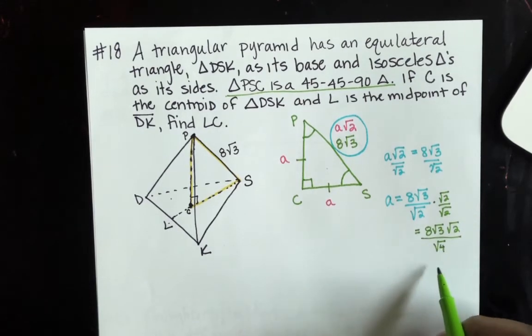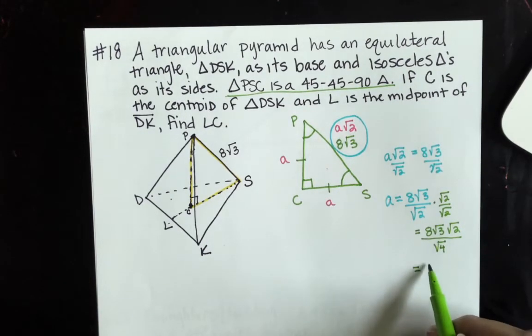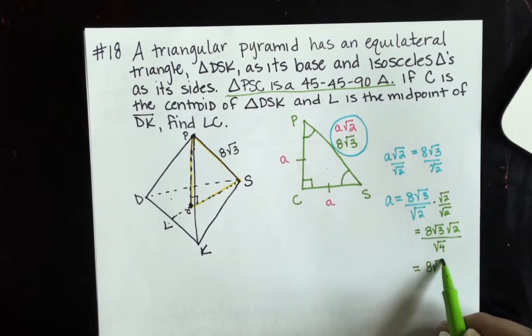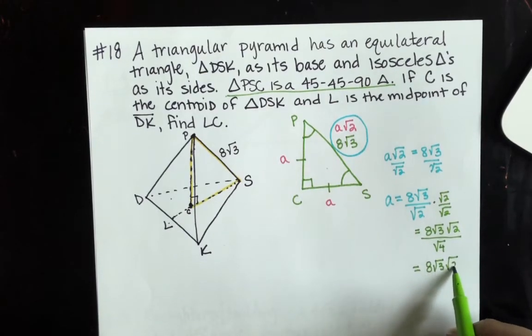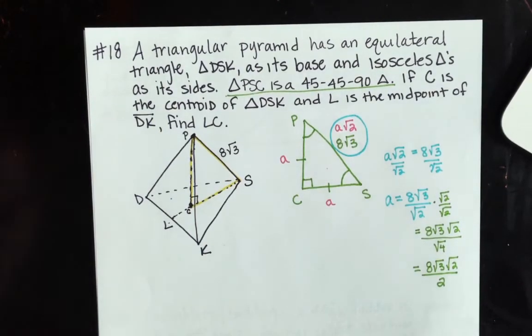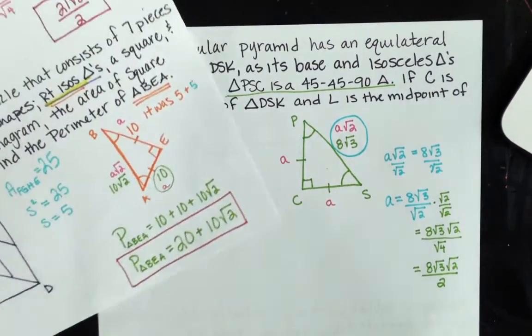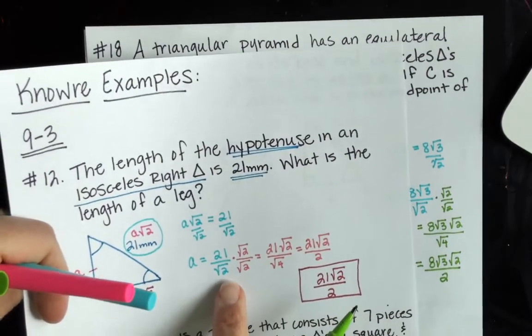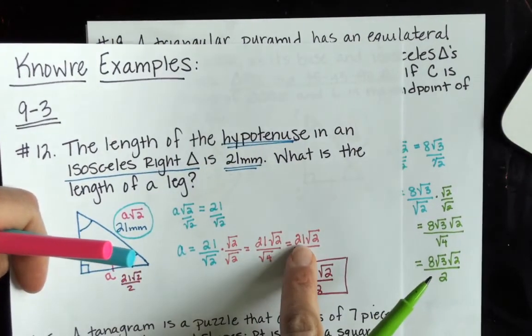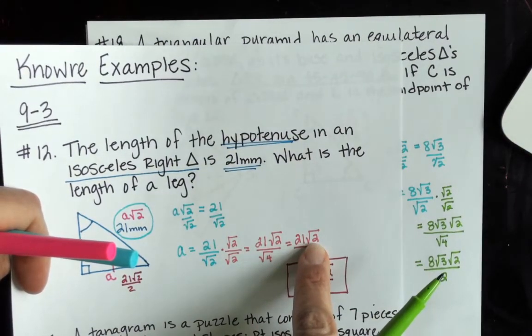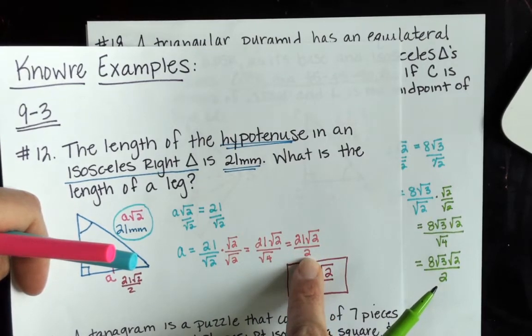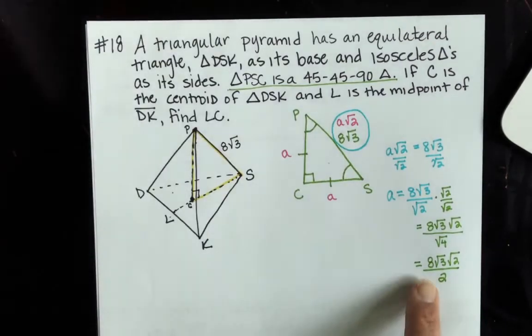And after we simplify the radical 4, notice we have our numerator, the radical appears on top, and just the radicand in the denominator. I had the same process right here. The numerator, the radical, and just the radicand. So it's the same thing here.